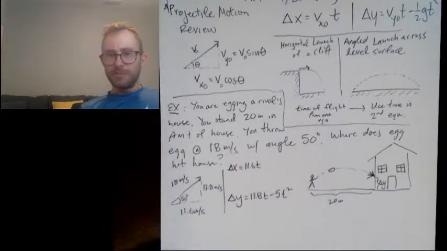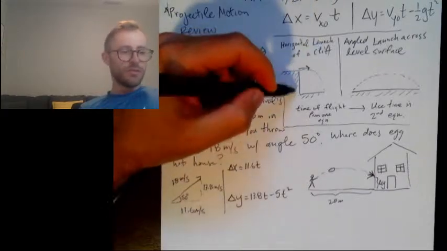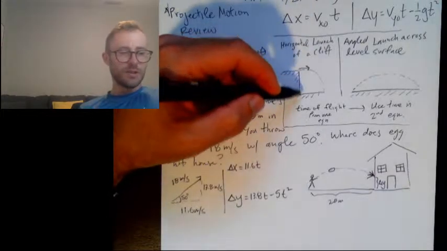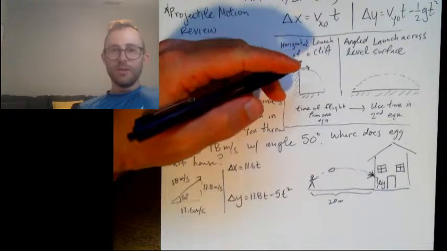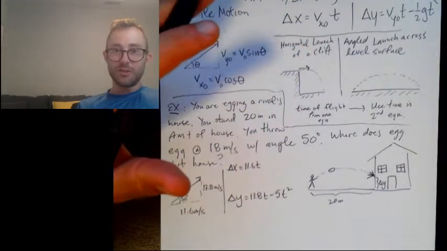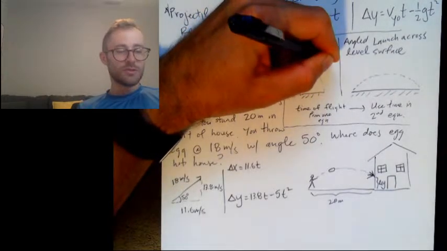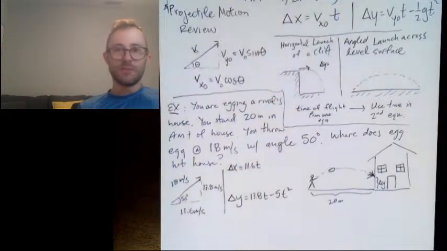Now, who can tell me what mathematical condition, so like, for example, here in the horizontal launch off a cliff, we knew that the projectile had reached the ground when we had delta y equals a certain value, okay?